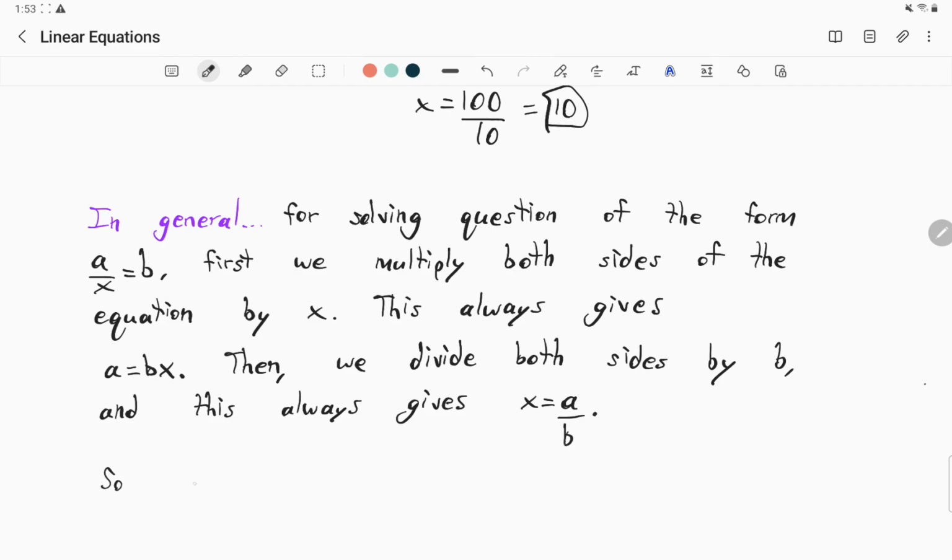So for A over X equals B, the answer is always X equals A over B.